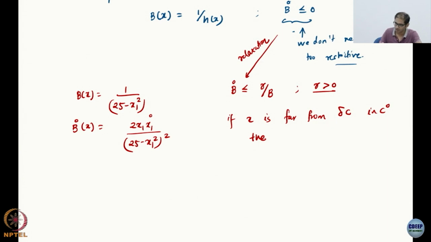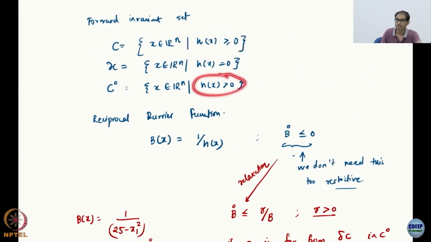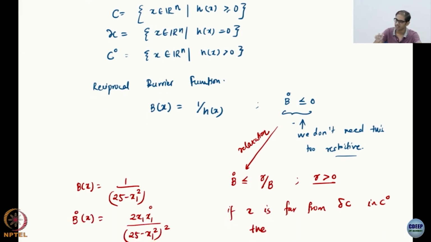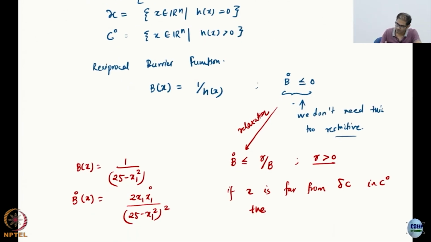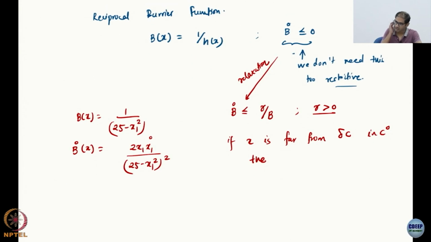B is going to be positive, so there is going to be some positive quantity on the right hand side. B is positive because I took 1 over h(x) and h is positive in the interior, in fact it will be more and more positive as you go further in the interior, that is the definition of the set. So if you start in the interior, your B is going to be positive, and so the right hand side is going to be positive.